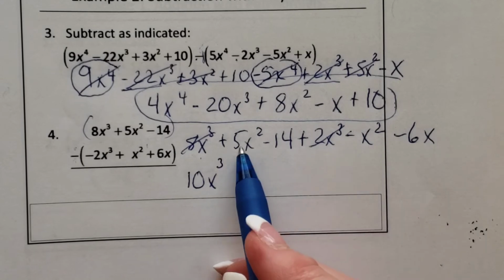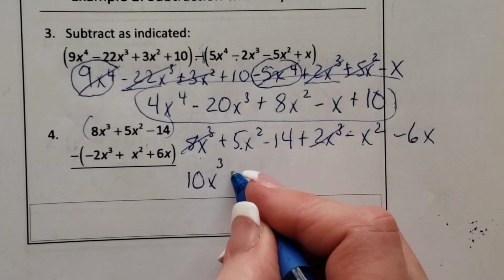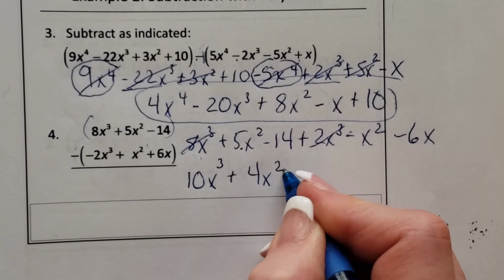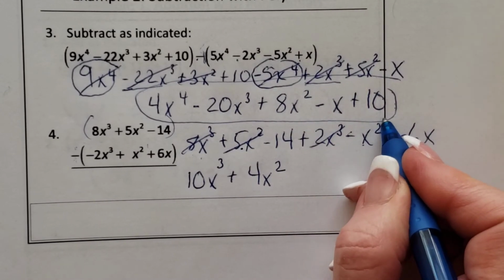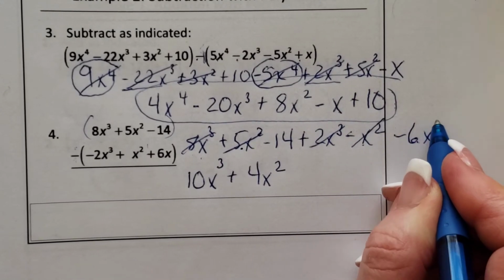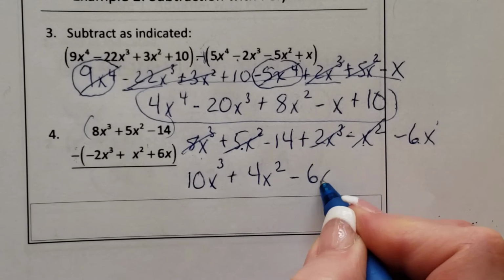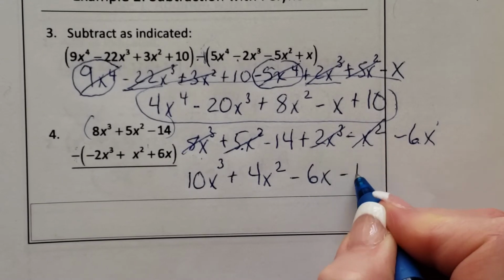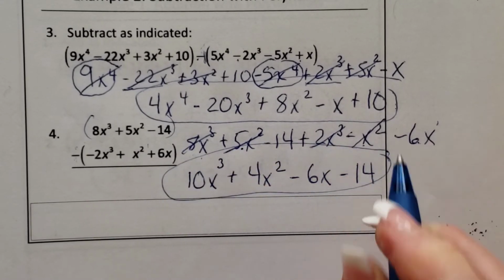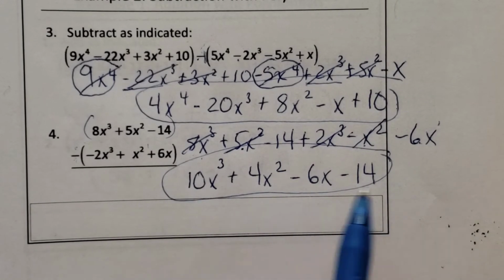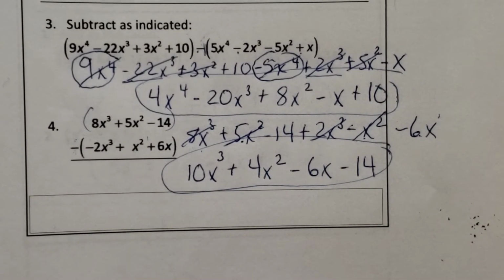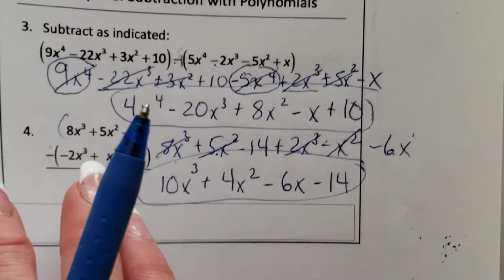And then I have 5 minus 1, which gives me 4x squared. I have an x to the first over here, so minus 6x, and then minus 14 is the right answer. And I've written that in descending order according to the exponents.